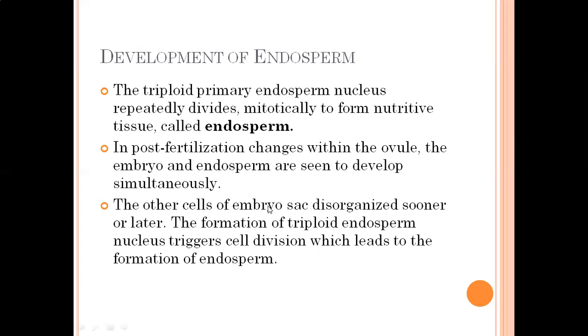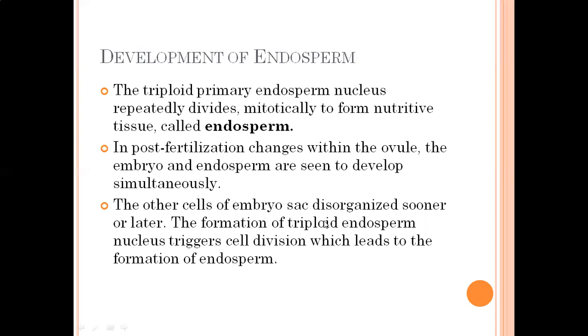The other cells of the embryo sac become disorganized sooner or later, and then there is the formation of the triploid endosperm nucleus, which triggers cell division, which leads to the formation of endosperm. When we see the diagram, you can understand this.